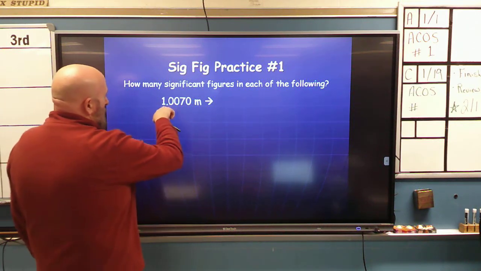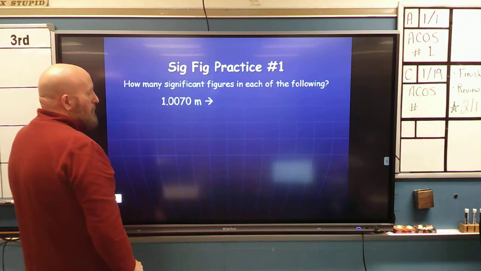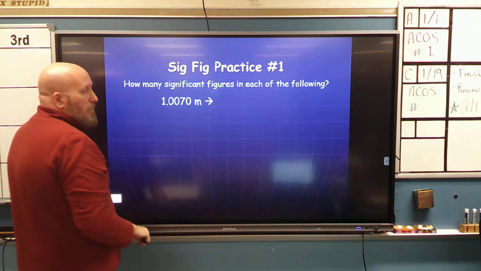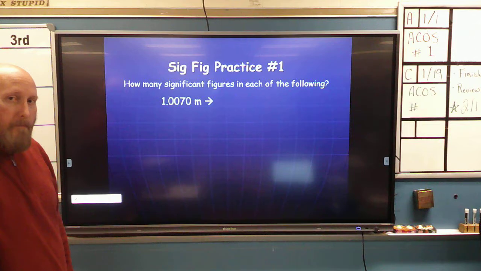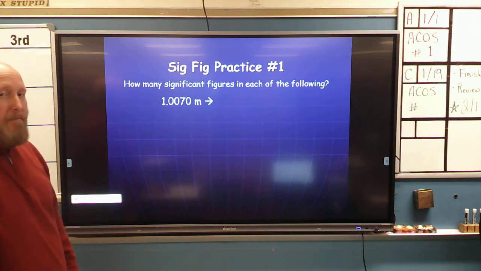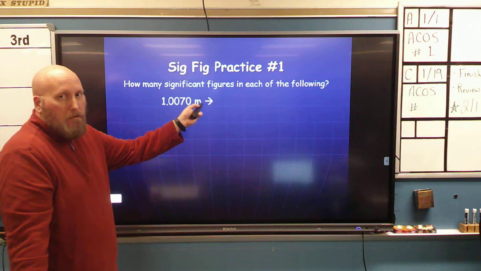Obviously, the 1 counts, right? The 7 counts. So that's 2, isn't it? These 2 zeros here, what kind of zeros are they? Well, you can already see they're between the 1 and the 7, so they're called captive. And remember, captive zeros always count. That last 0 is a trailing zero.